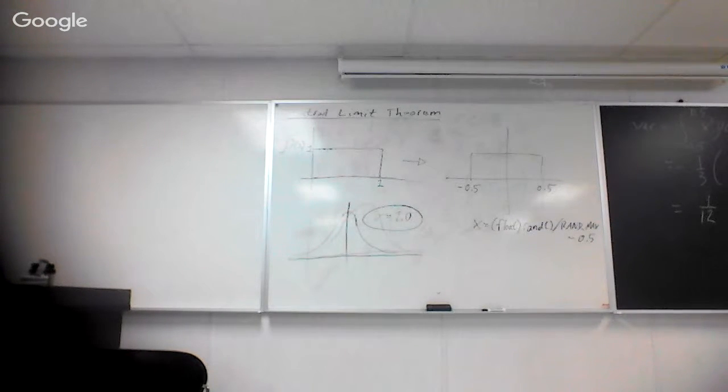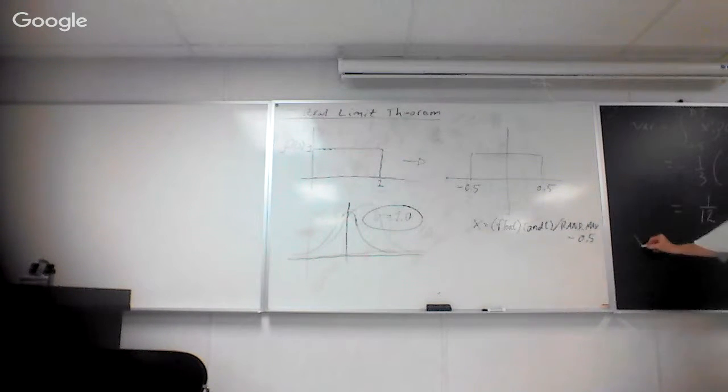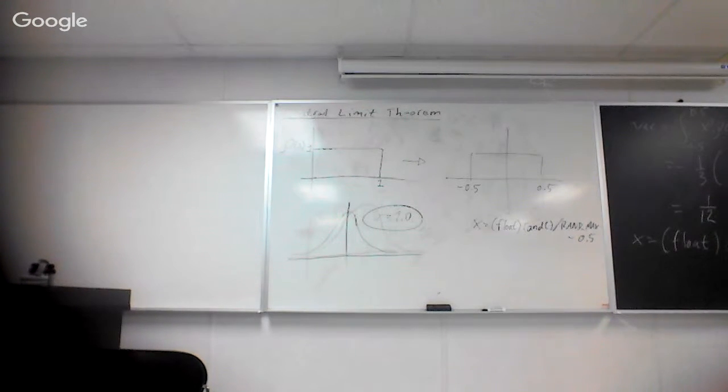In order to get a Gaussian out the other side, we need a standard deviation of 1. If this is the variance, the standard deviation of this distribution is 1 over the square root of 12. So what we really need to do is modify the same definition we had before.